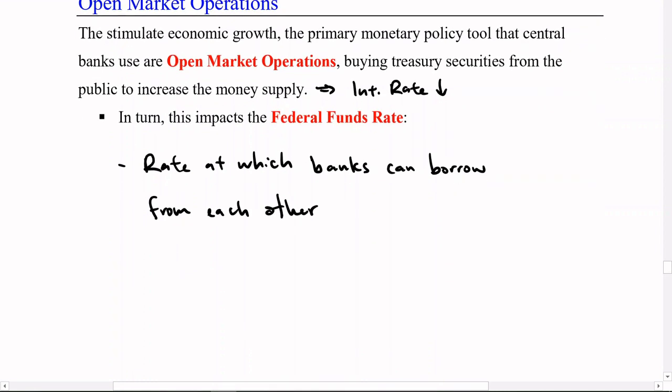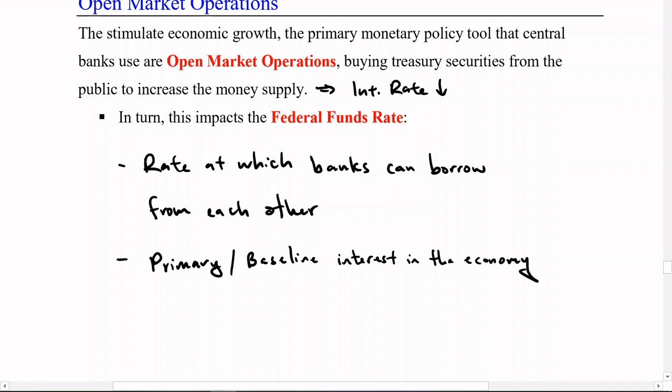Okay, and this would widely be considered the primary, or maybe the baseline, interest rate in the economy. So if the federal funds rate goes up, then mortgage rates will go up, car loan rates will go up, and vice versa.